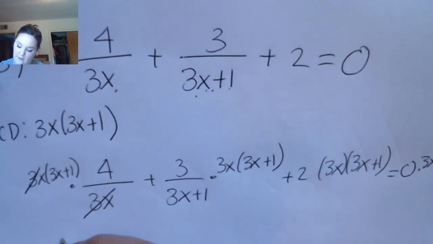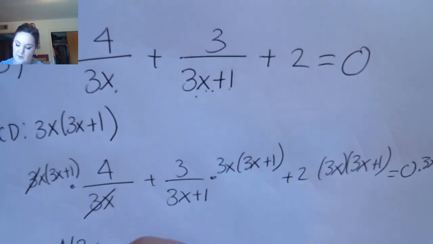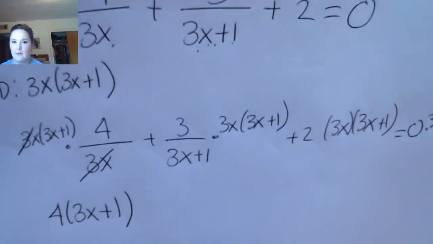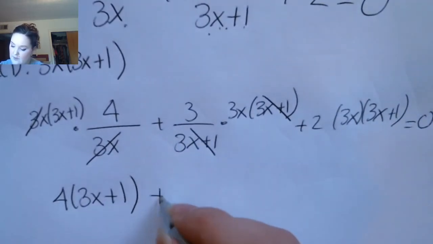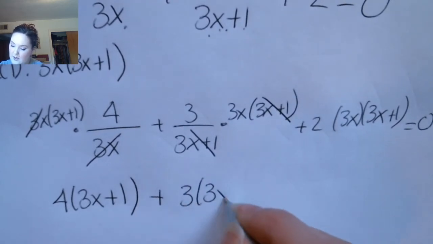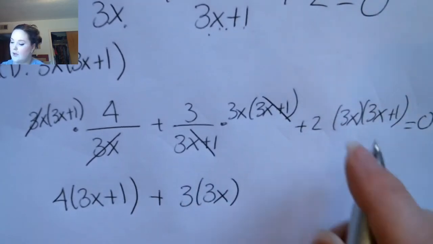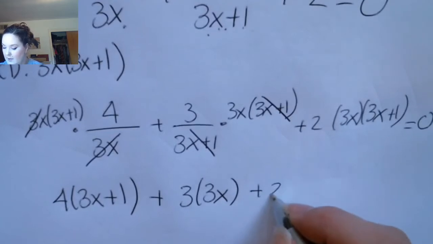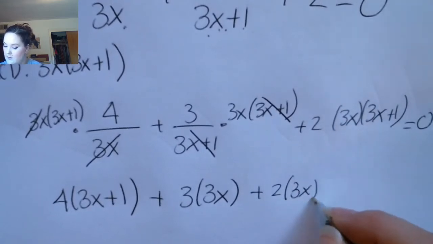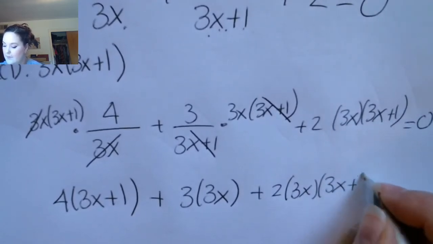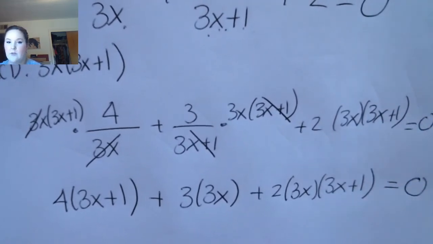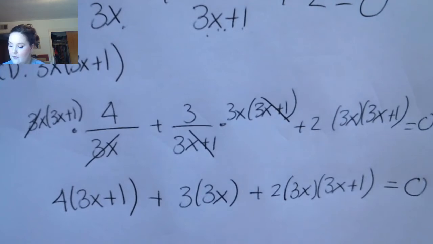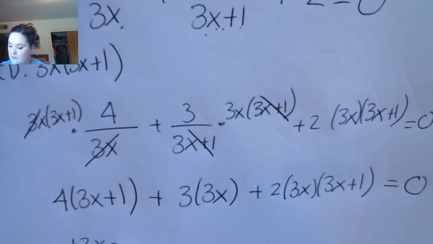So I'm going to have 4 times 3x plus 1. Here my 3x plus 1 is going to cancel with my 3x plus 1, so I'm going to have 3 times 3x. Here there's nothing to cancel, so I'm going to have 2 times 3x plus 1. And now 0 times 3x plus 1 is still 0. So now I'm going to multiply this out.